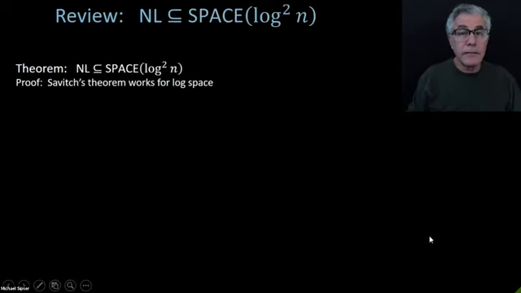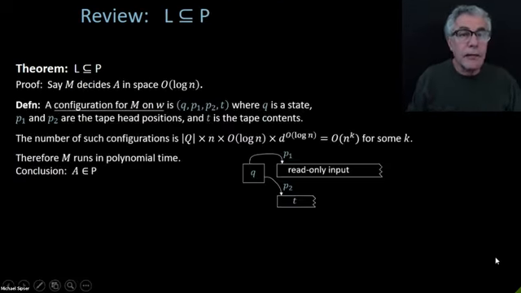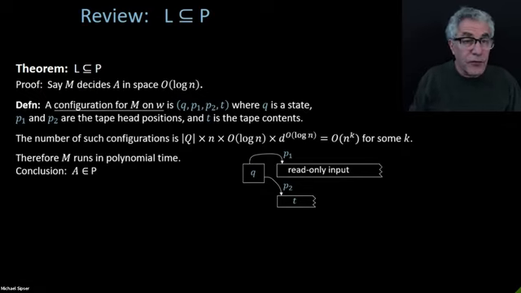So somebody asked me a question: which is harder, P versus NP or L versus NL? Completely no idea.